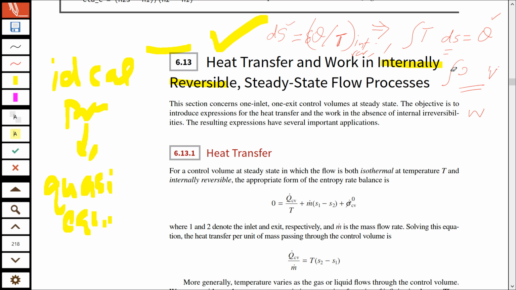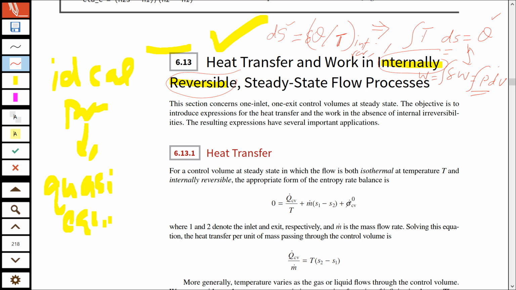And similarly, analogous to this, we had this equation that delta W was P dV, and if you integrate, you get W. So integral of pressure over volume gives you work. Integral of T over entropy gives you heat transfer. Both these are only true for internally reversible processes. So that's the starting point.